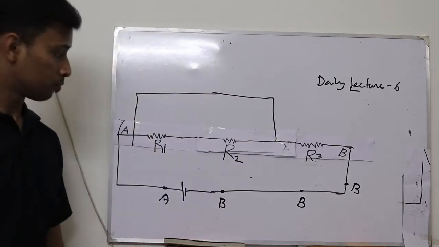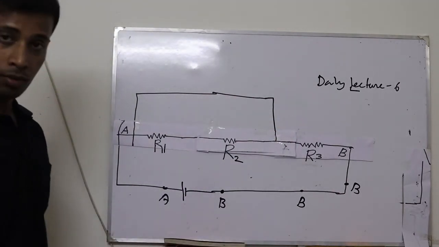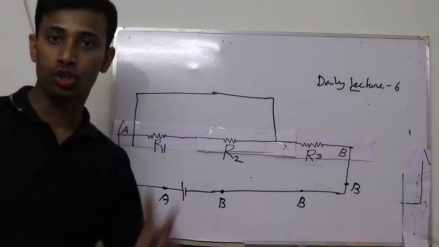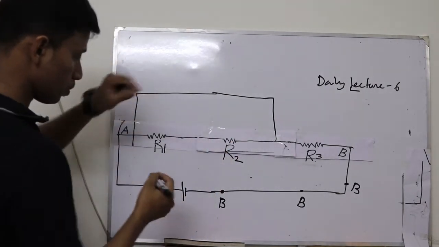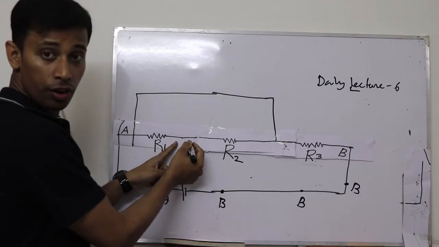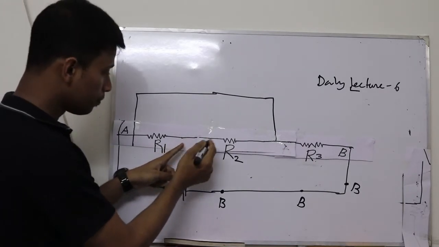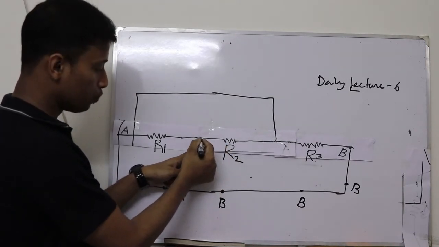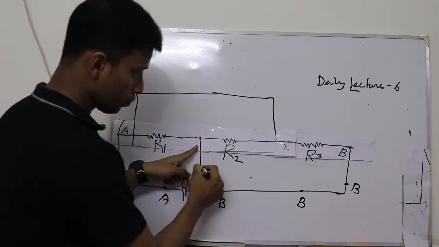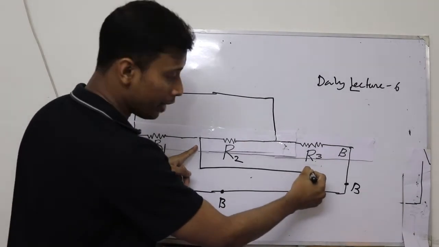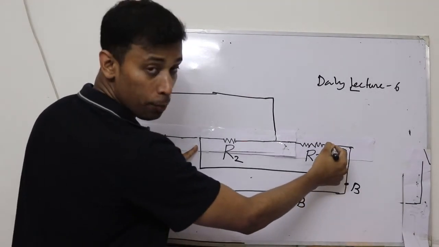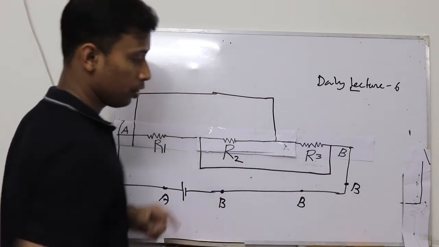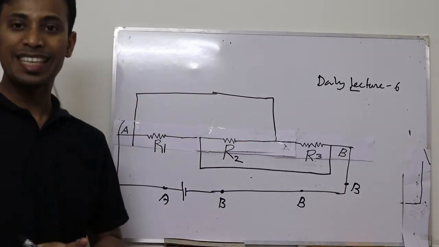And let's use short 2. It starts at the ending point of R1, which means here, and the starting point of R2, and it ends at the ending point of R3, here. So these are the two shorts.